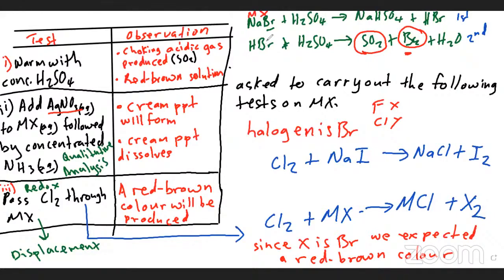Remember, X is just an arbitrary compound, MX. I'm saying MX can be sodium bromide, and this is the reaction that would occur, so we are expecting SO2 and Br2. I just used sodium bromide as a specific example for explanation purposes.